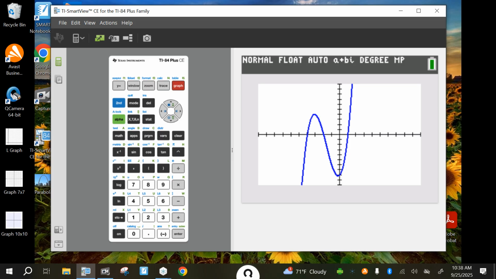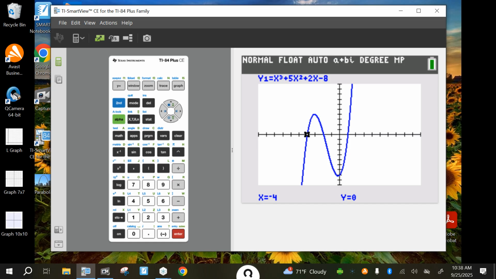So way number 1 is just to look at your graph. Where does it look like it crosses at? If we start with this one here on the left, I would probably say -4. So if you hit trace and type -4 and enter, is that an x-intercept? How do you know? Y equals 0.